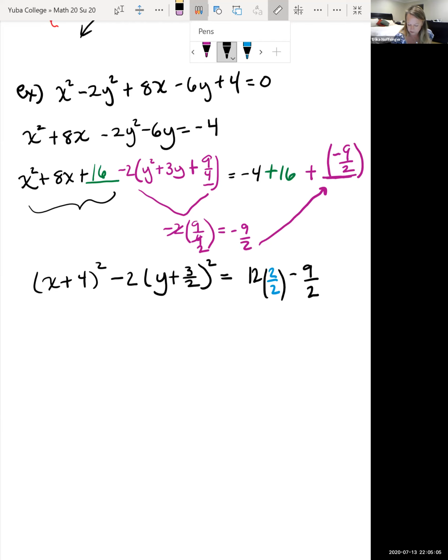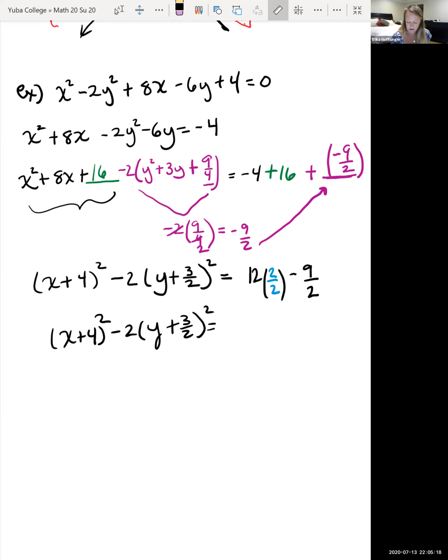Okay, so x plus 4 quantity squared minus 2 all times y plus 3/2 quantity squared is equal to, so this is 24/2 minus 9/2, 24 minus 9 is 15, so 15/2.